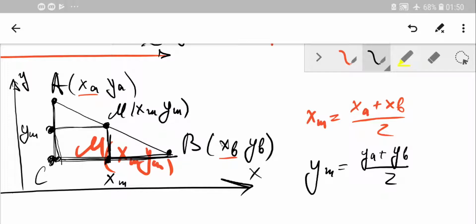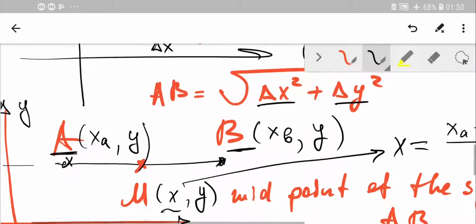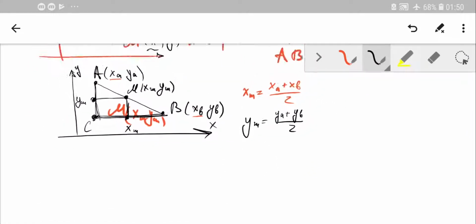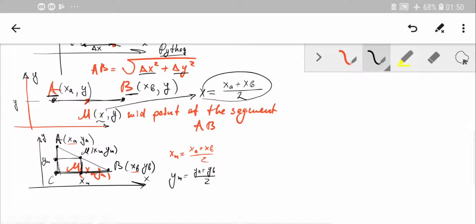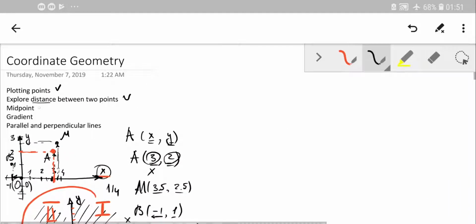And you just apply the previous concept for a straight line segment that's horizontal, for example, or vertical, no matter. And you do the same. So I hope you understand how it works and can calculate just by applying this set of formulas. And we move on. So we got the midpoint.